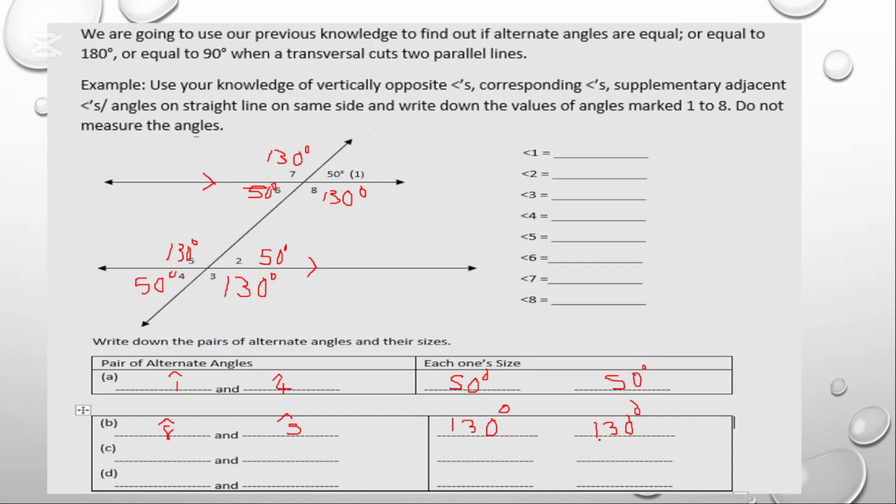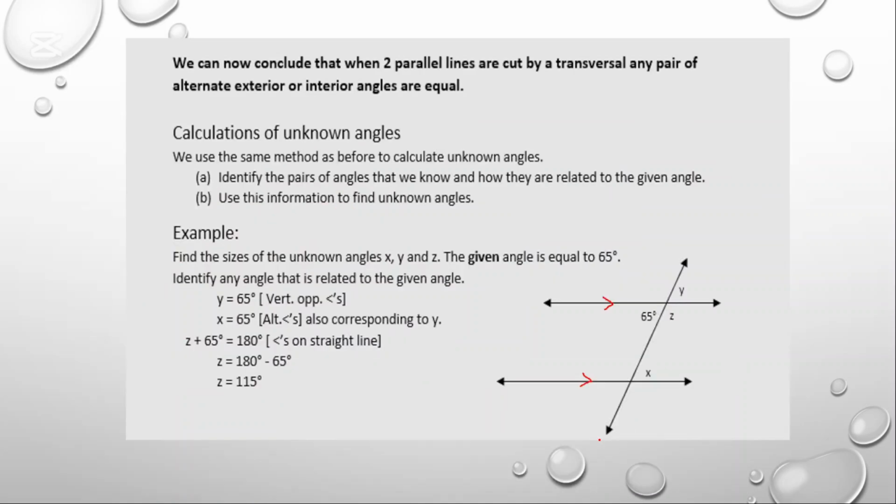So a pair of alternate angles are also equal when the lines are parallel, just like the corresponding angles. So we can now conclude that when two parallel lines are cut by a transversal, any pair of alternate exterior or interior angles are equal.